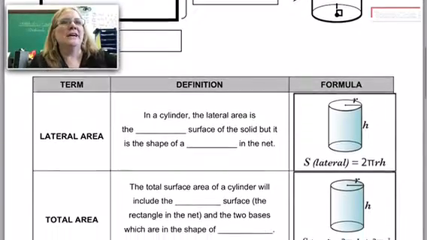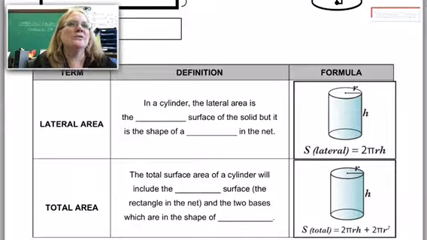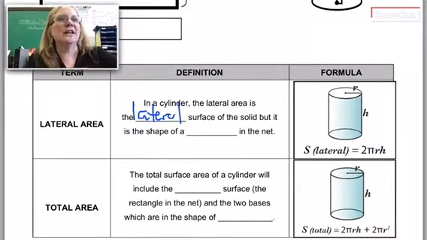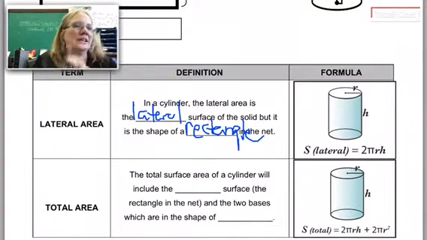The lateral surface in a cylinder is the curved surface here. It looks like it, but they actually just use the definition. It's the lateral surface, but it's in the shape of a rectangle in the net. It looks curved on the picture.